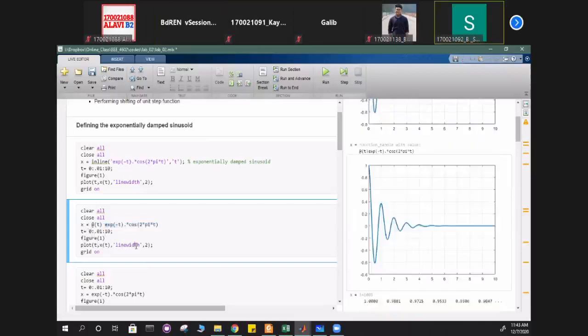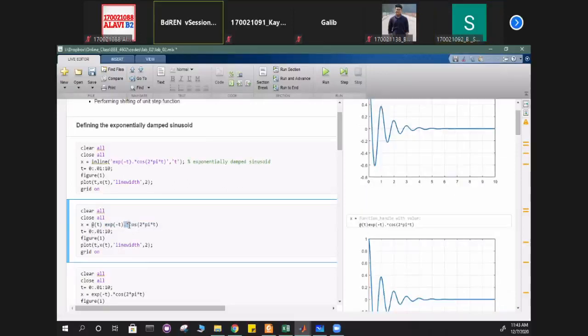Now, can you see this syntax, the dot and then the multiplication sign, the asterisk? What does this imply? Sir, element multiplication. Element-wise multiplication. So why are we using element-wise multiplication?